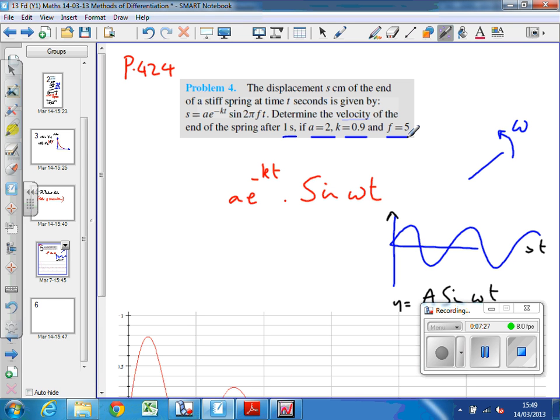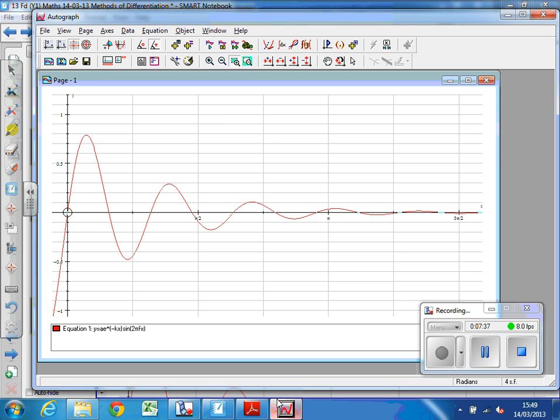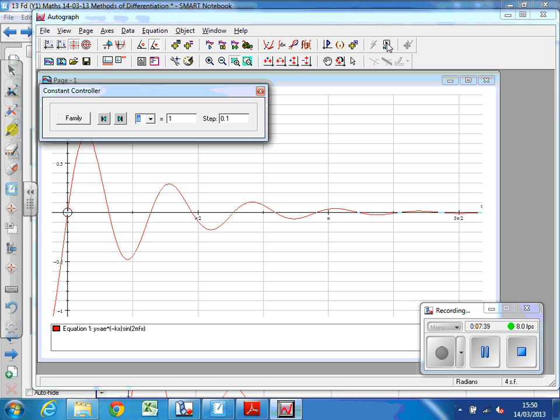So I could go back to Autograph and put in a equals 2, k equals 0.9, and f equals 5. So if I do that into Autograph, go back to the constant controller, and change a to be, what was a? So a equals 2.